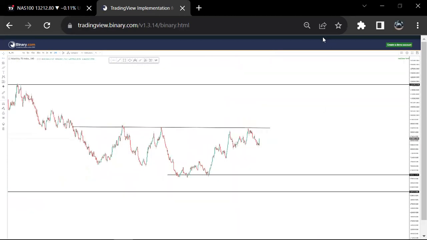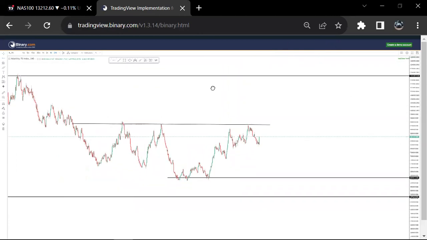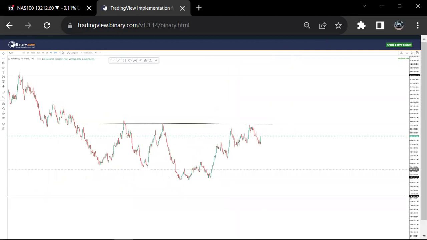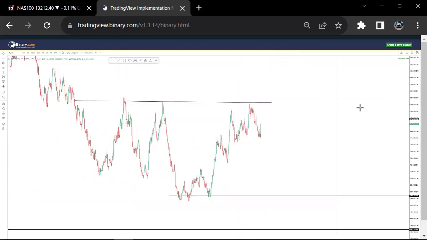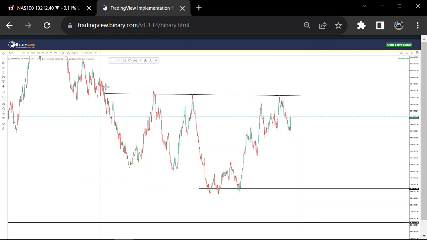On the 4-hour, guys, everything is just visible. First confirmations that I'm having is the touches that we have. We had 1, 2, 3. We're back for the 4th time.